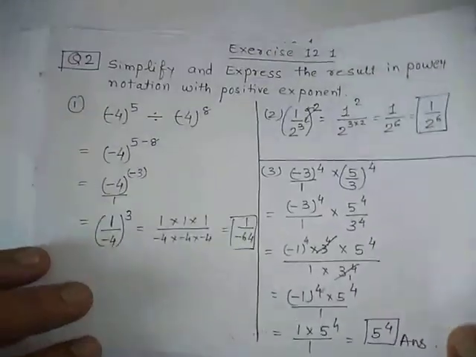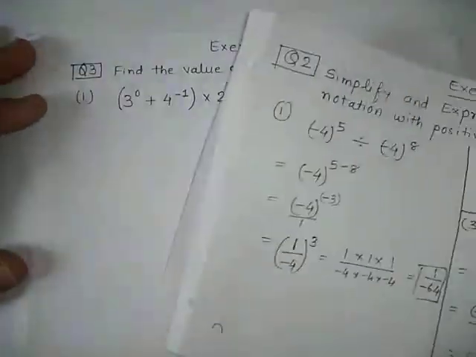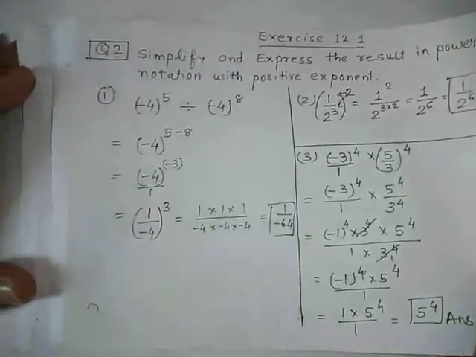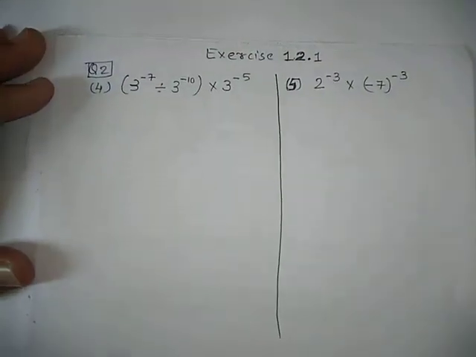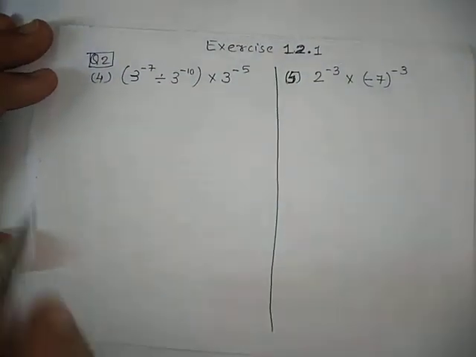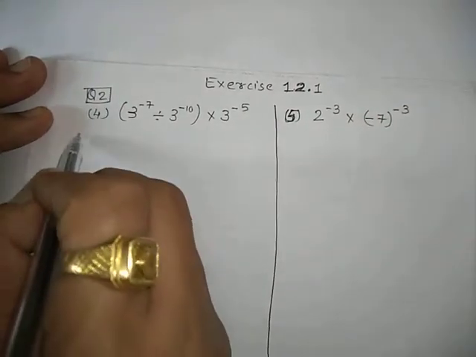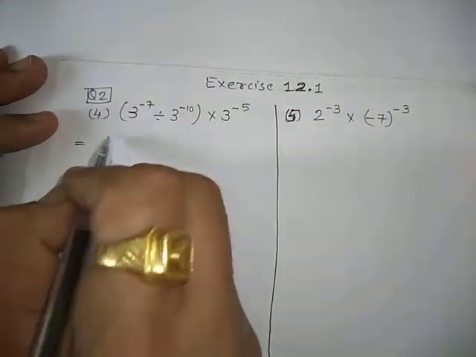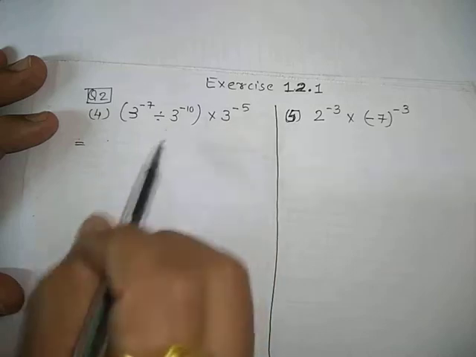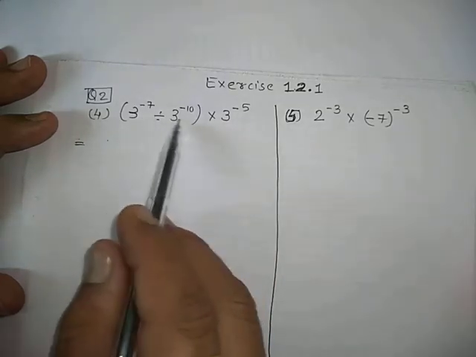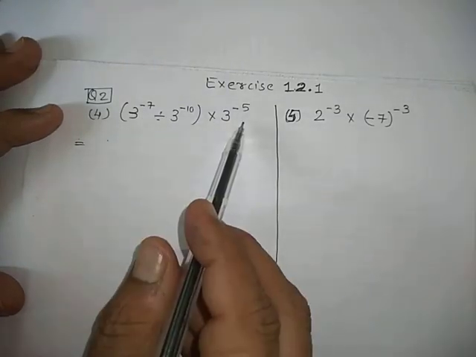Now next, that is question number 4. Okay, so question number 4 of question 2. So the fourth question, it is given to us that negative power, and first of all, as per the rule, we want to resolve this bracket first and then this one.